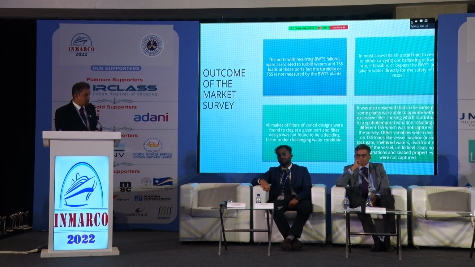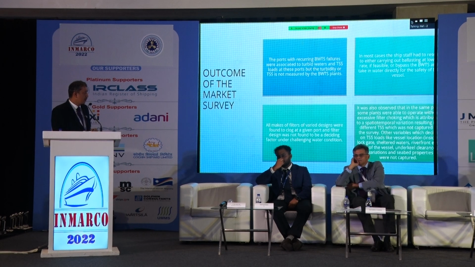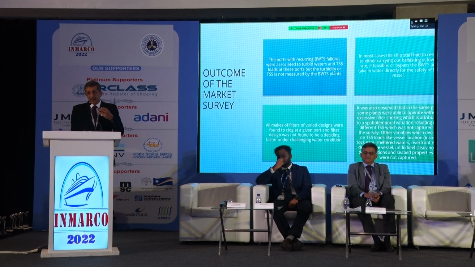In most cases, the ship staff did not have enough time, so they literally bypass and run it, landing up with more sediments in the tank. The filters are of varied designs, and they are found to clog at a given port, and filter design does not really matter. Most of the filters have basically clogged. It's also observed that some particular way of operating leads to greater filter choking.